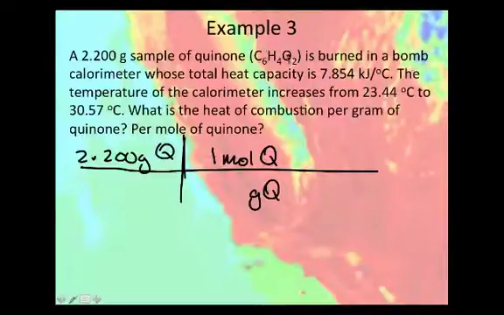Quinone has this formula, C6H4O2. Alright, so 6 carbons weighs 72 grams. Well, 72.06, right? And then we're going to add 4 hydrogens. And 2 oxygens. So I get a molar mass of 108.10 grams per mole.